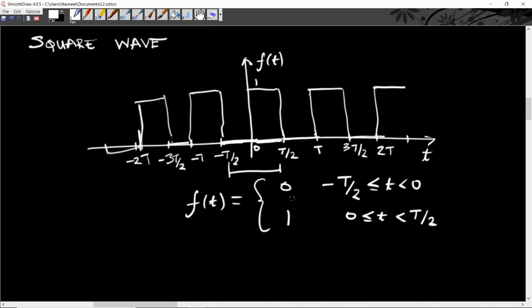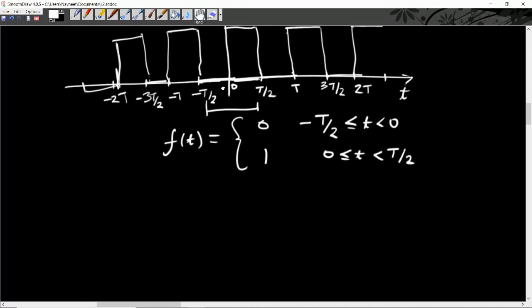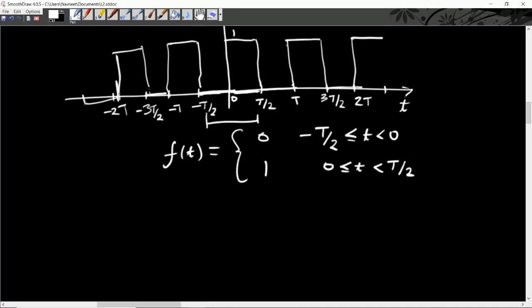So now let's start writing the Fourier series for this square wave. Again, what I want to do is to express this square wave as this series.